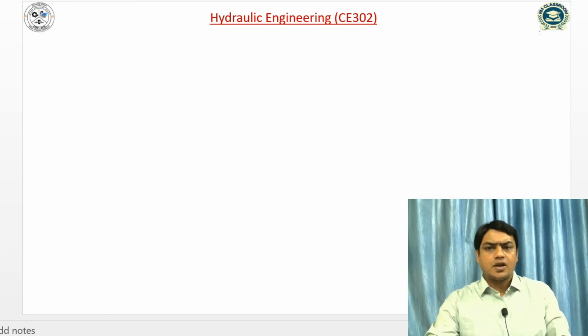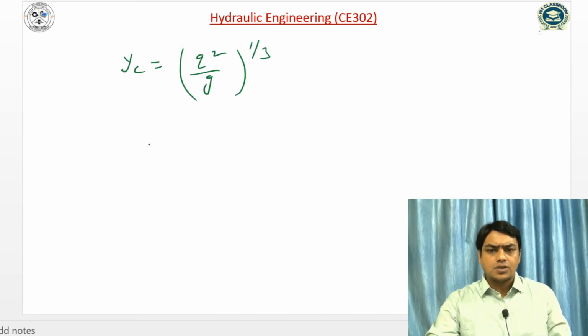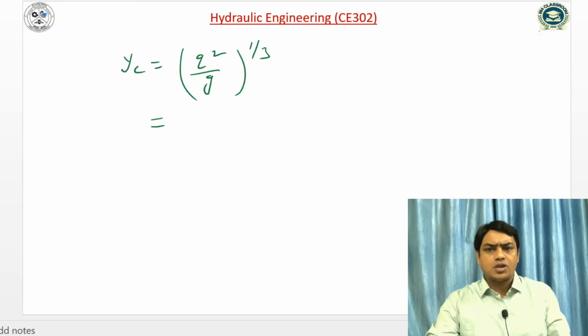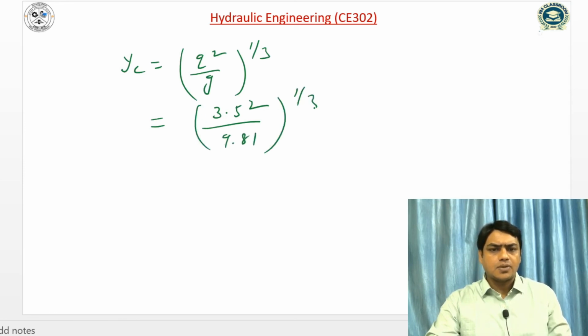And in the case of a rectangular channel, critical depth can be computed as YC is equal to q square by g to the power 1 by 3. We have already computed the value of small q, that is 3.5 meter cube per second per meter. So 3.5 square divided by 9.81 to the power 1 by 3.